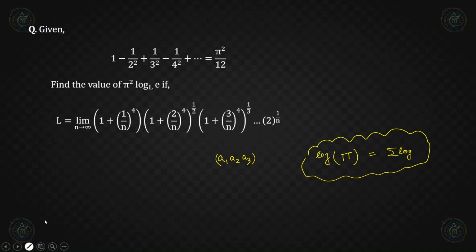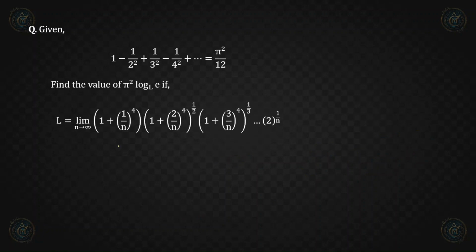So let us apply this. We can first write this expression in product notation, capital pi notation. So this will be the product of (1 plus r divided by n) whole to the power 4, right? Because here r is 1, here r is 2, r is 3. Here we can see r is equal to n.